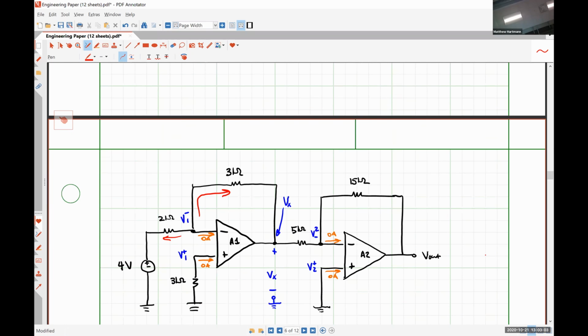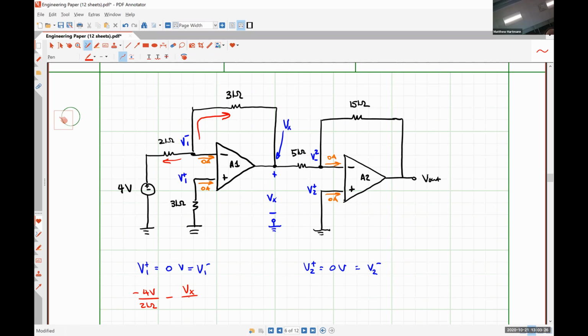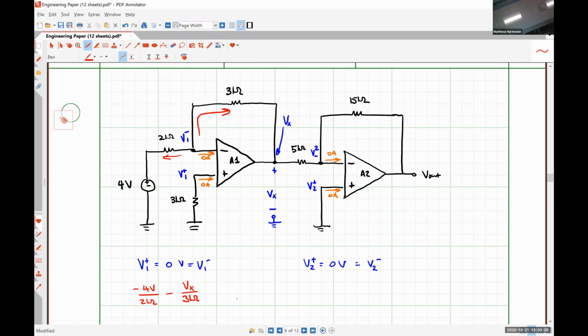So coming back down to this guy, we could see that V1 minus 0 volts. So we would have 0 minus 4 volts divided by 2 kilo ohms minus Vx over 3 kilo ohms is equal to 0.